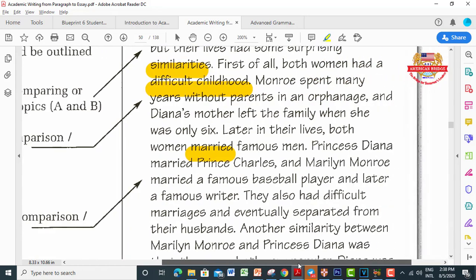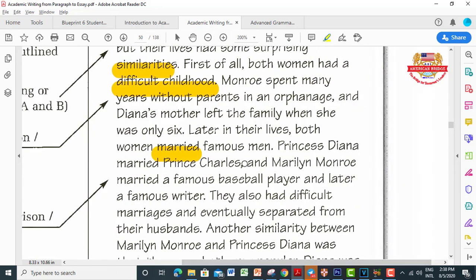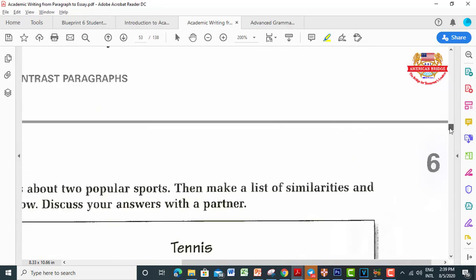Okay, one married Prince Charles, and one married a famous baseball player, and later a famous writer. Also, they had a difficult marriage and eventually separated from their husbands. Same or not? Okay, let's check.